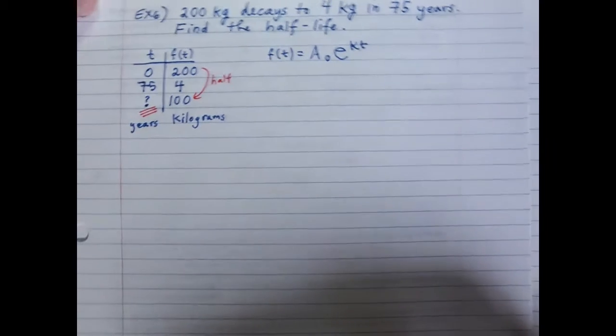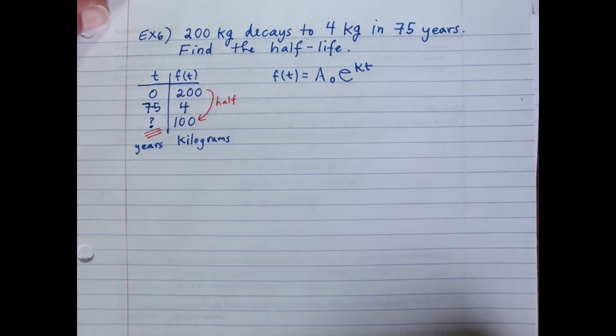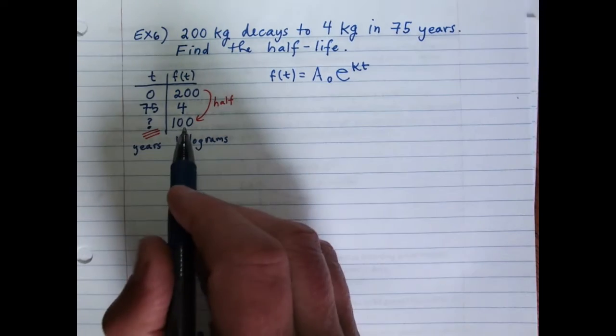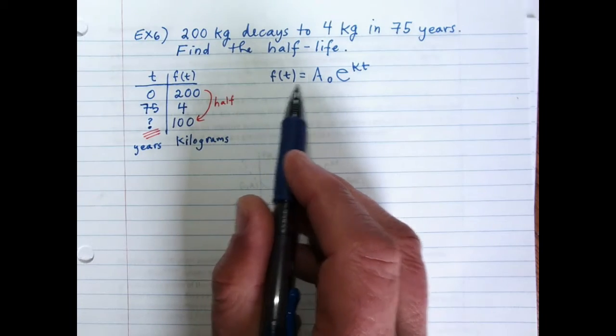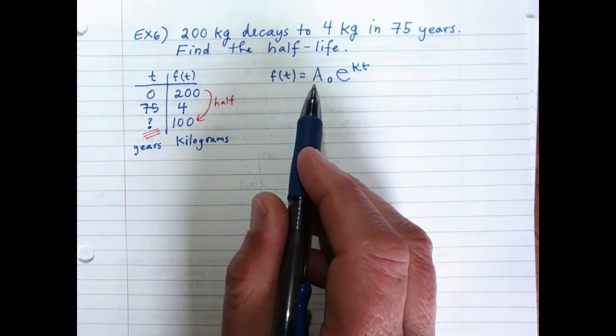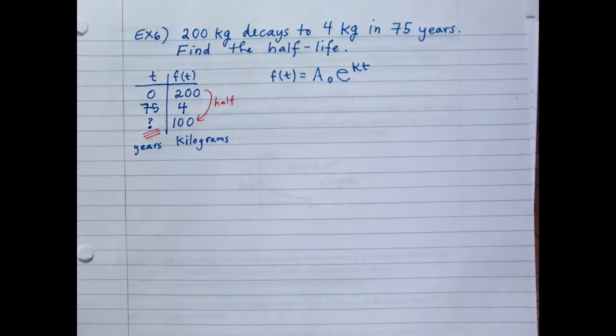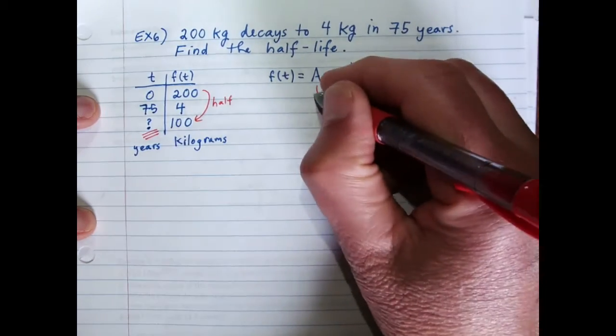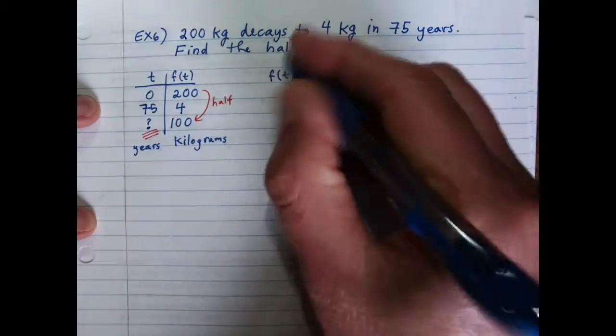So let me rearrange here a little bit. It's kind of like we want to plug in a y value and go back and solve for t, but we can only solve for t if we have our constants. So we know a0, right? a0 we are given in this problem.